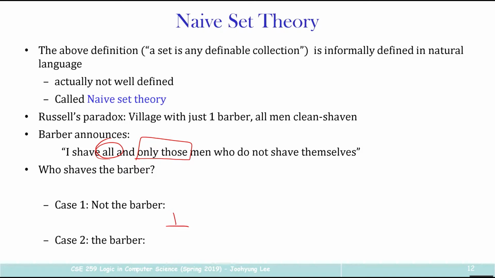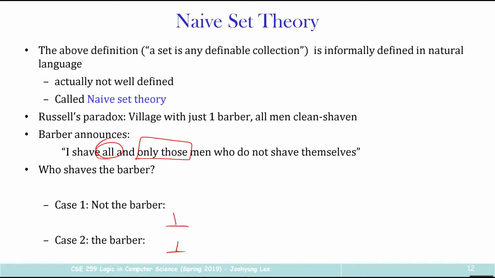Suppose the barber shaved the barber. There's only one barber, so don't worry about different barbers. But he said before, I shave only those men who do not shave themselves. So if he's shaving himself, he shouldn't shave. That's not going to work. Again, we get this contradiction. No matter what case we are in, we get the contradiction. That means we conclude contradiction at the end using the law of excluded middle.